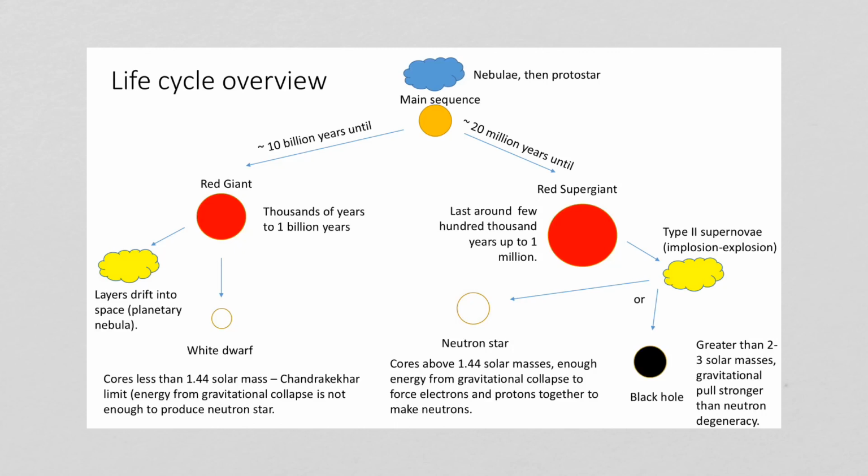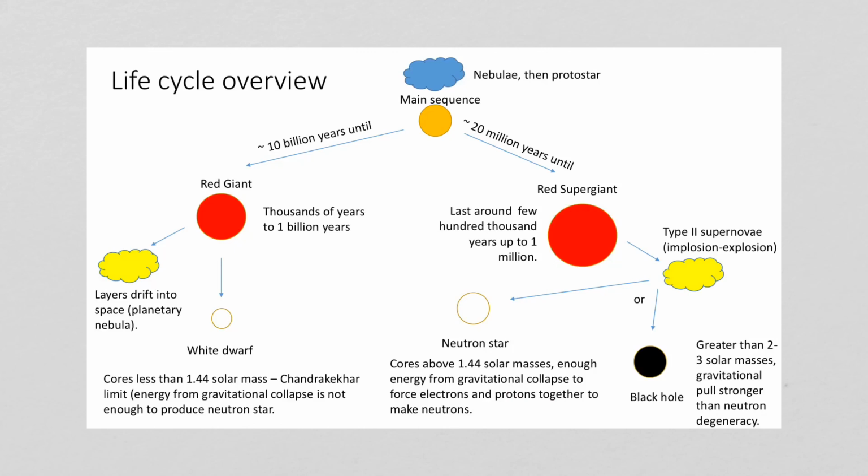So the explosion, implosion, explosion, the explosion is the supernova, and then the implosion part is the core that's left behind. So cores above 1.44, so this side was up to 1.44, this is above 1.44 of our solar mass. That then turns into a neutron star, but this is where the electrons and the protons fuse together to make a neutron.